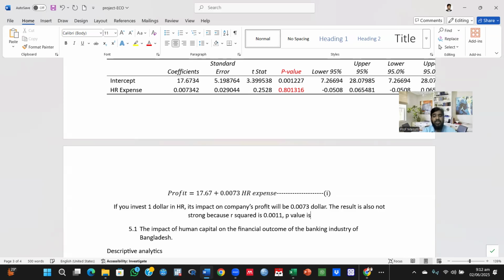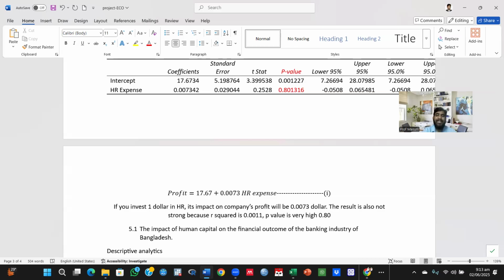If the P value is also very high, that means high error is there. The P value is 0.80, which is very high.